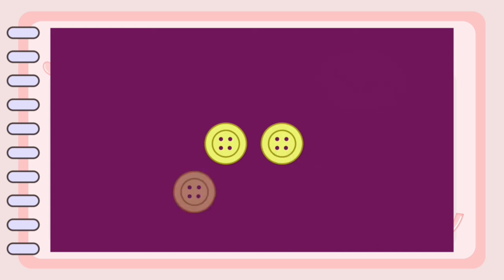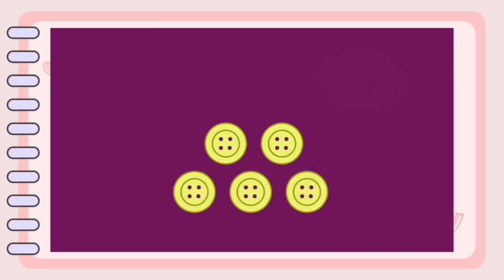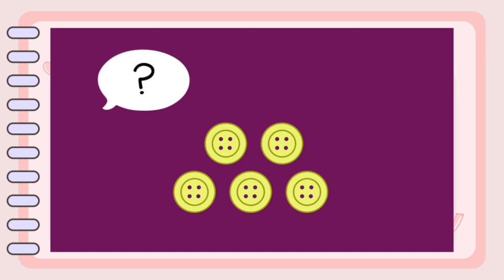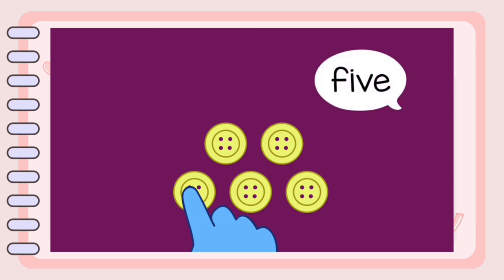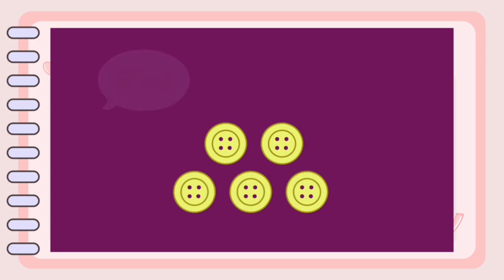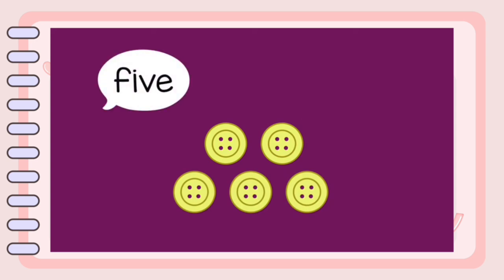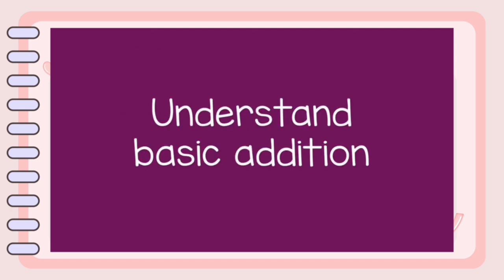Then you can add 3 more and say, "If we get 3 more buttons, how many are there now?" The child can count them again and say, "5." And you could say, "That's right, when we have 2 and add 3 more, we have 5." This activity will help a child start to understand basic addition.